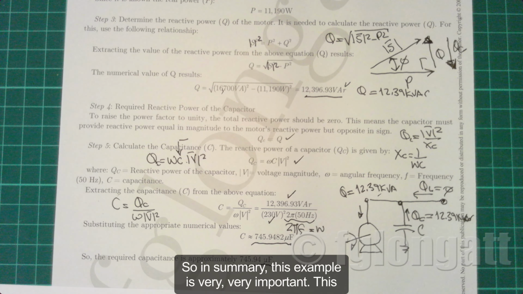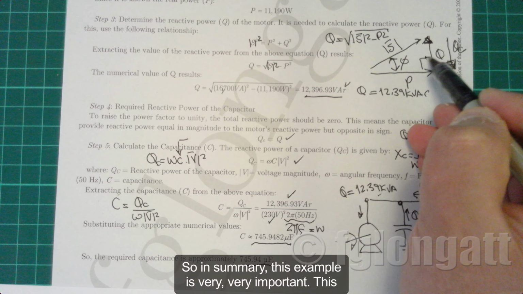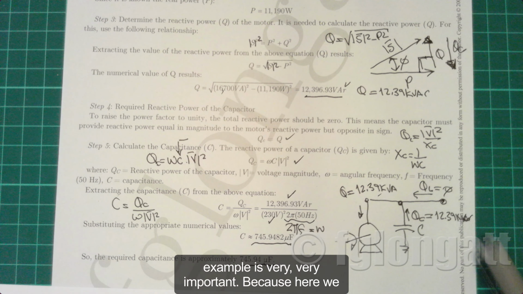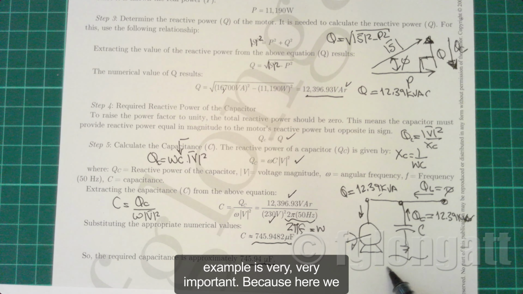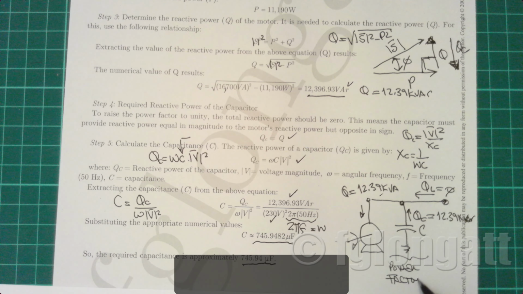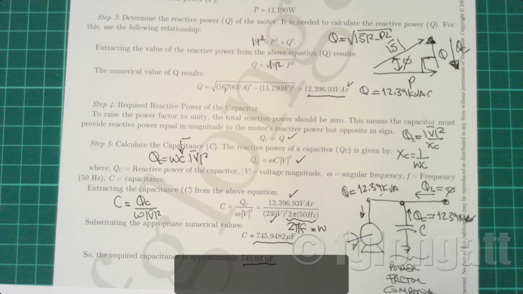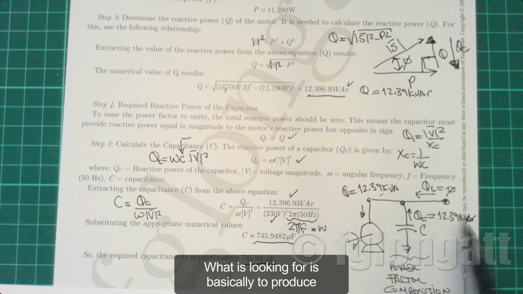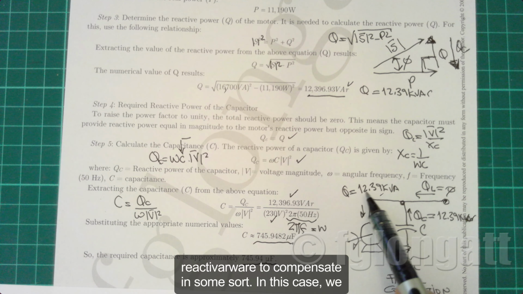So in summary, this example is very, very important because here we have power factor compensation. Power factor compensation is basically about producing reactive power to compensate in some sort.